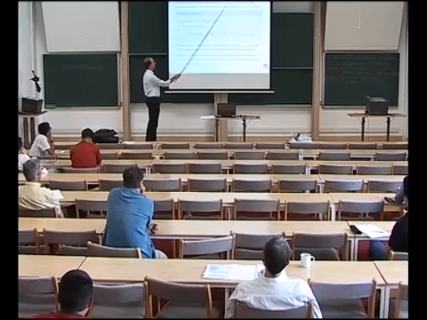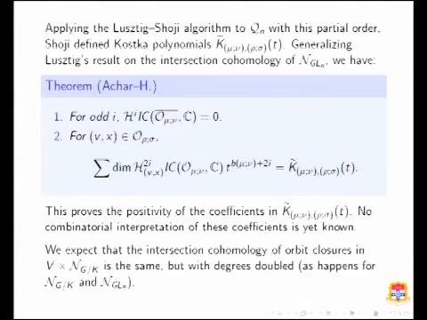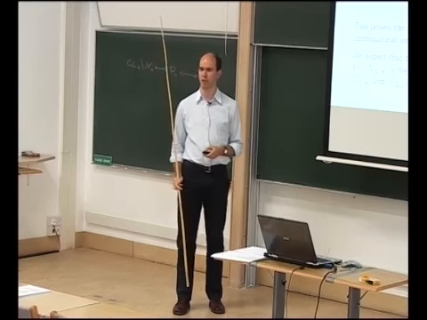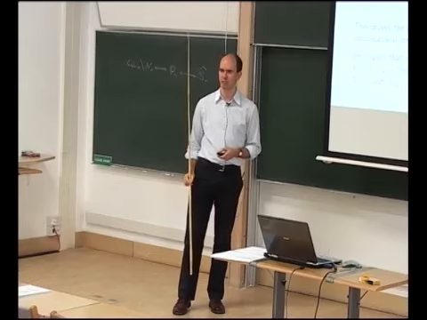Eric, can you clarify? So this is the Lusztig-Shoji algorithm for type C? Yes, that's correct. Lusztig-Shoji algorithm for type C. This set is in bijection with the irreducible representations of the Weyl group of type C. So you use the fake degrees for that group in running the algorithm.